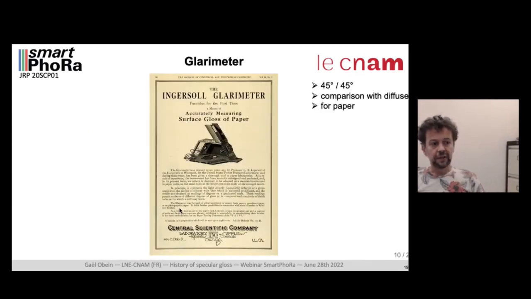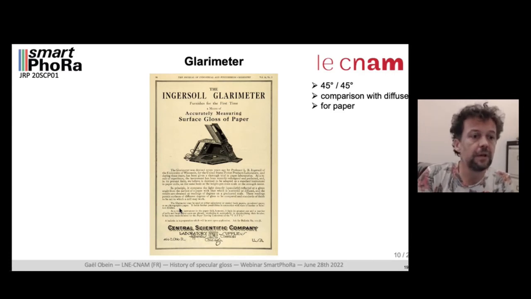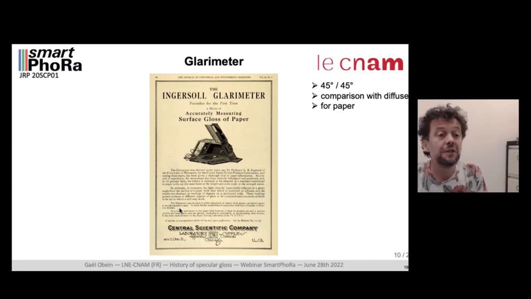So 1914, this is what is called the first gloss meter. At that time, in the publication, it's called a glarimeter. It was developed by Ingersoll, and it's really made for measuring the gloss of paper, because there was a strong industrial need at that time to characterize the gloss of paper.